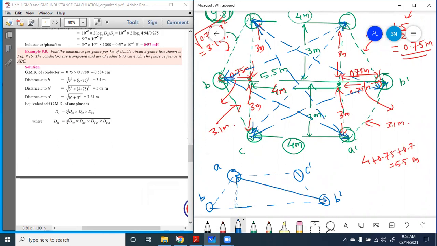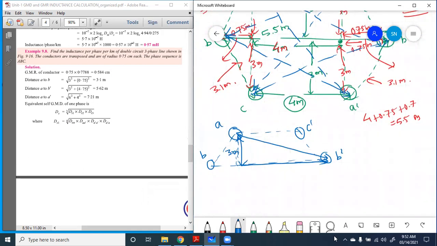We need to calculate this distance AB'. How to calculate? Obviously, we need to know these two distances. This distance is 3 meter as given. And what is this distance? The total distance becomes 4 meter plus 0.75 meter, because this was not considered in that condition. So this becomes 4.75 meter.